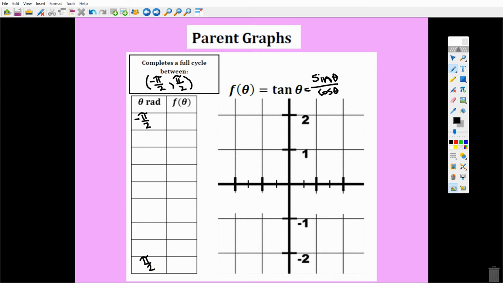If you look at the unit circle, let's say you started at 0. The first radian is pi over 6, this is pi over 4, and this is pi over 3. And if we go backwards, this would be negative pi over 6, negative pi over 4, and negative pi over 3.